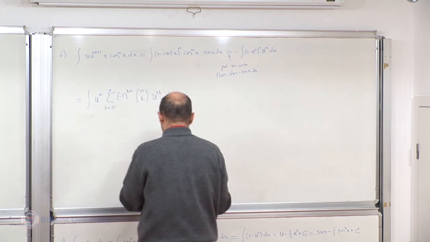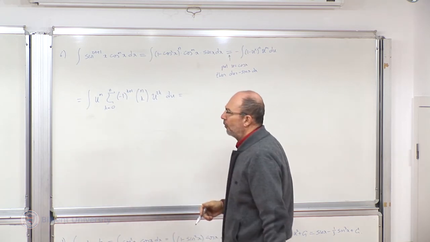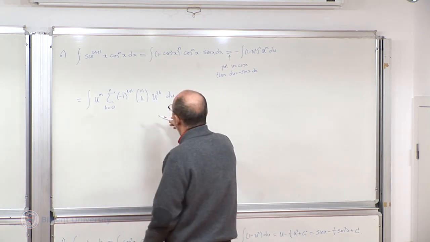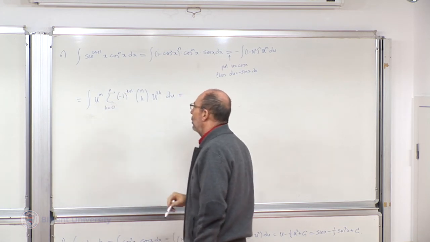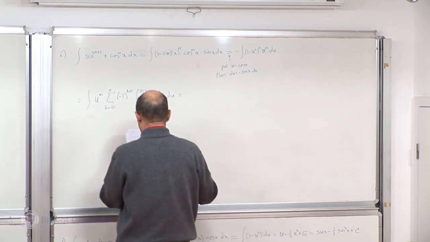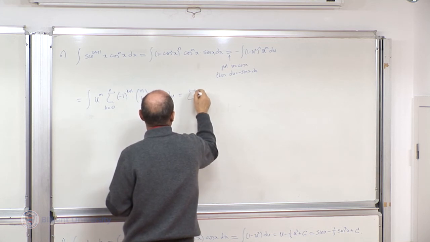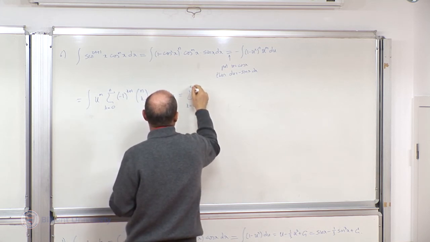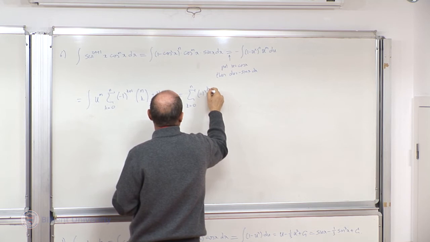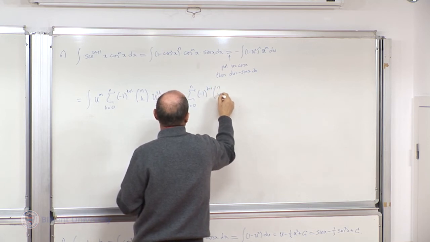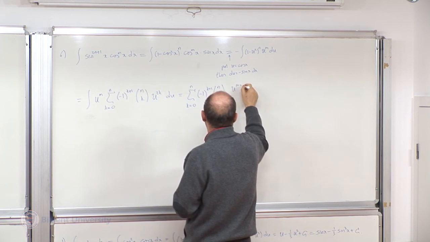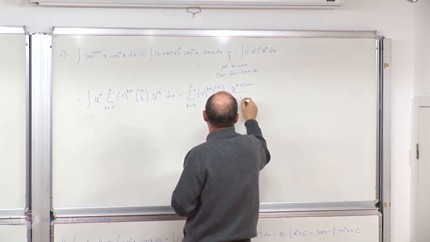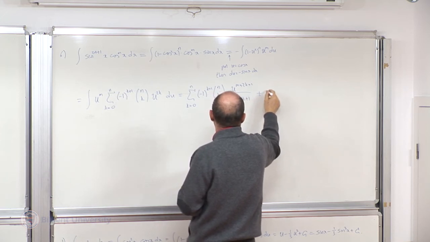So again, I'm integrating u to the power m plus 2k. When you integrate this, this is the sum for k from 0 to n minus 1 of (-1)^(k+1), n choose k, u to the power m plus 2k plus 1 divided by m plus 2k plus 1, plus a constant.